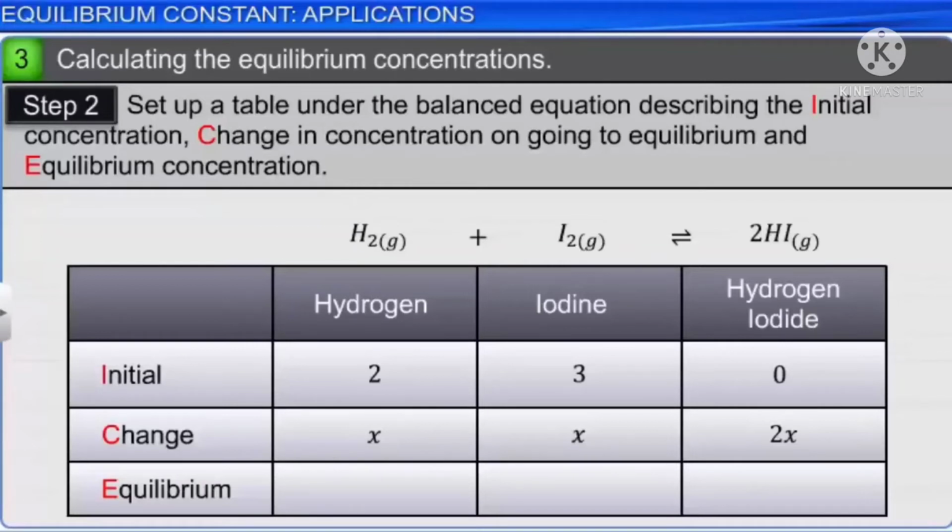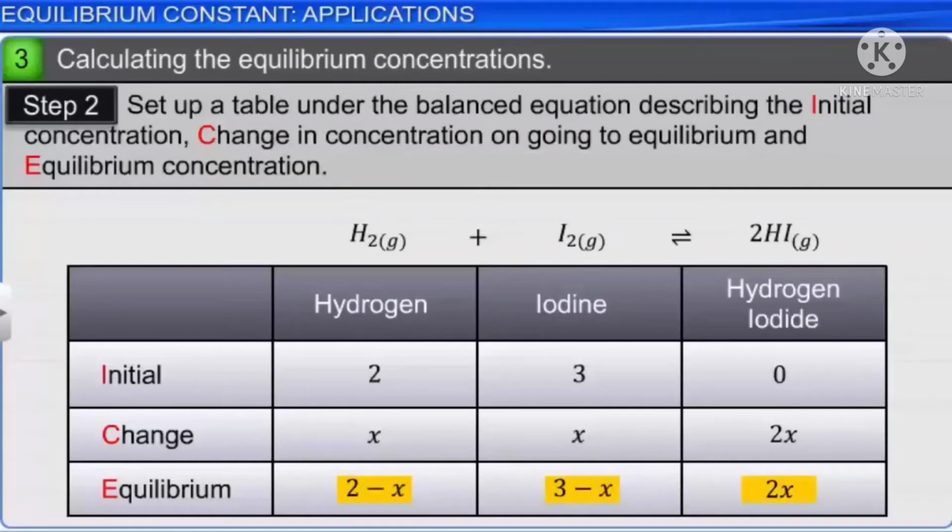Let X moles of hydrogen and X moles of iodine combine to give 2X moles of hydrogen iodide, as shown in the balanced equation. At equilibrium, the concentrations of hydrogen, iodine and hydrogen iodide will be 2 minus X, 3 minus X and 2X respectively.